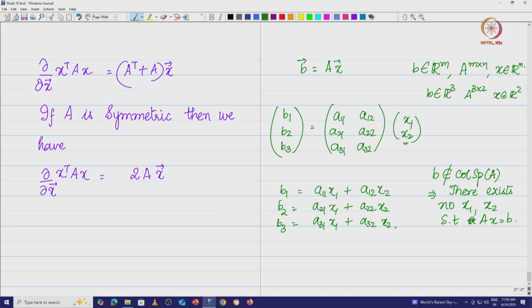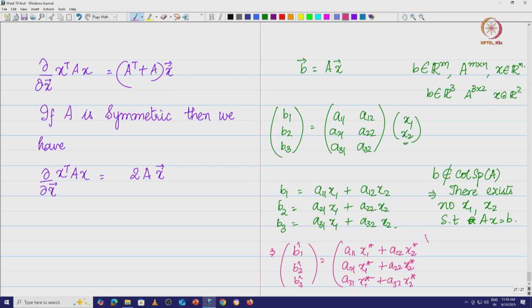Therefore we opt for a least squares solution, which means I may not get b1, b2, b3, but I may get something else, b1 hat, b2 hat and b3 hat, which is equal to A11 x1 star plus A12 x2 star, then A21 x1 star plus A22 x2 star, then A31 x1 star plus A32 x2 star.